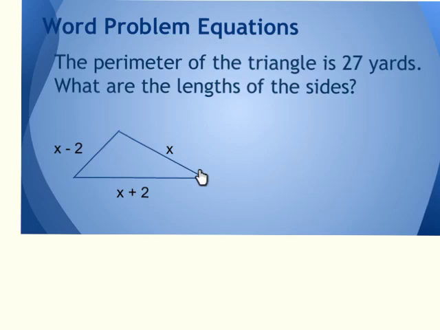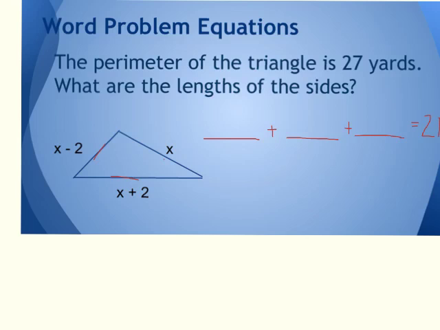The problem says that this side is equal to x, this side is equal to x minus 2, and this side is equal to x plus 2. So if we think about what perimeter means, the side plus the side plus the side equals 27.